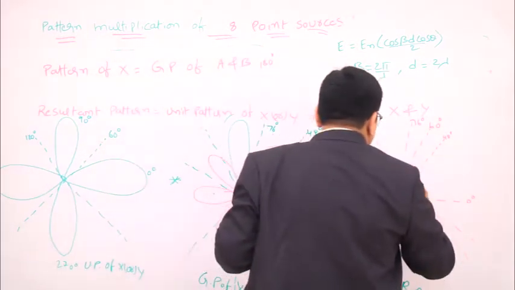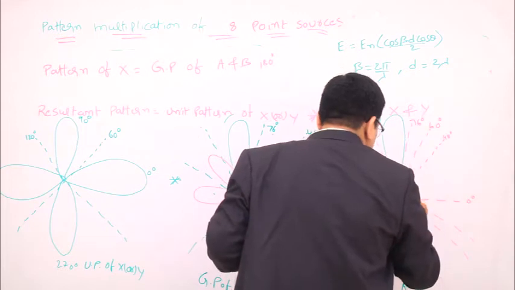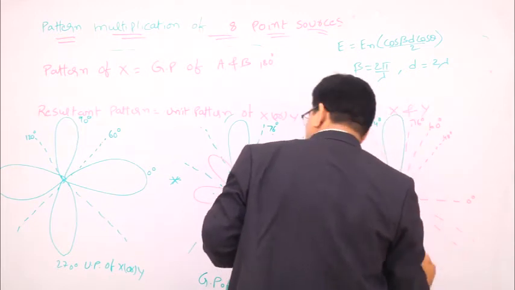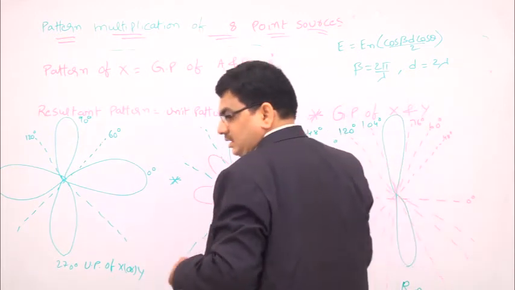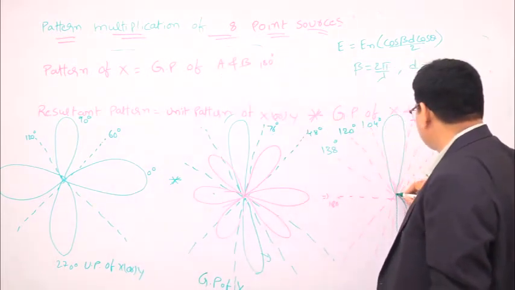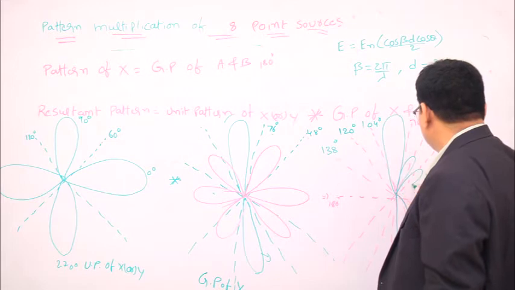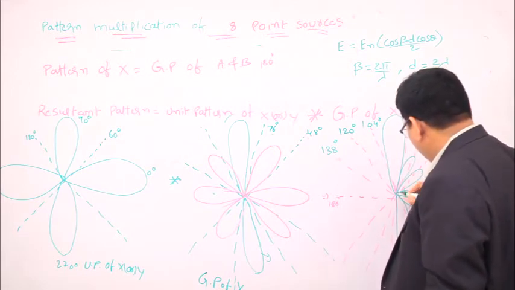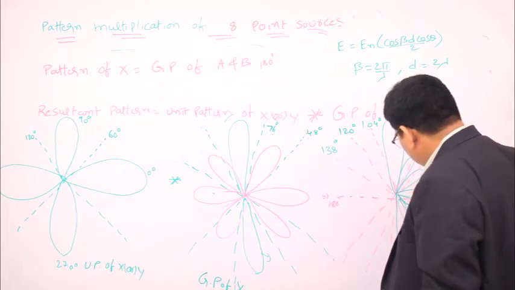you get your maximum lobe in this direction, and the remaining nulls you should mark 1, 2 and 3. So here in this direction also 1, 2, 3.